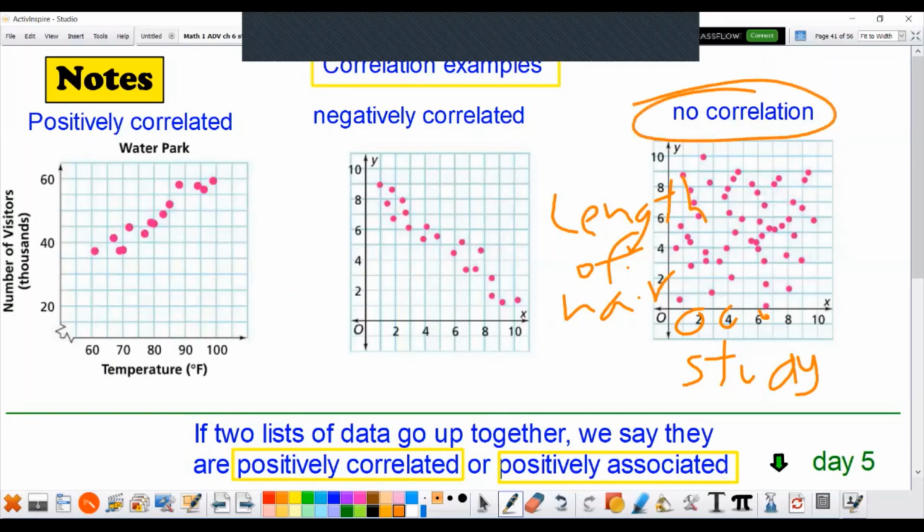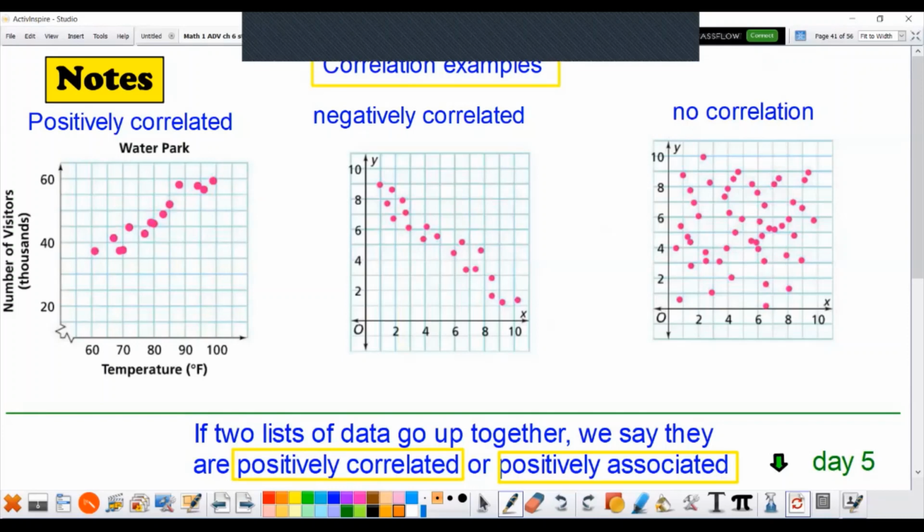There's no correlation. Somebody studied for 8 hours and here's the length of their hair. Well, here's somebody else studied and the dots are all over the place. We could come up with a lot of things. How about number of pencils in your backpack, and then how tall you are. There's no connection to how many pencils you have and how tall you are.